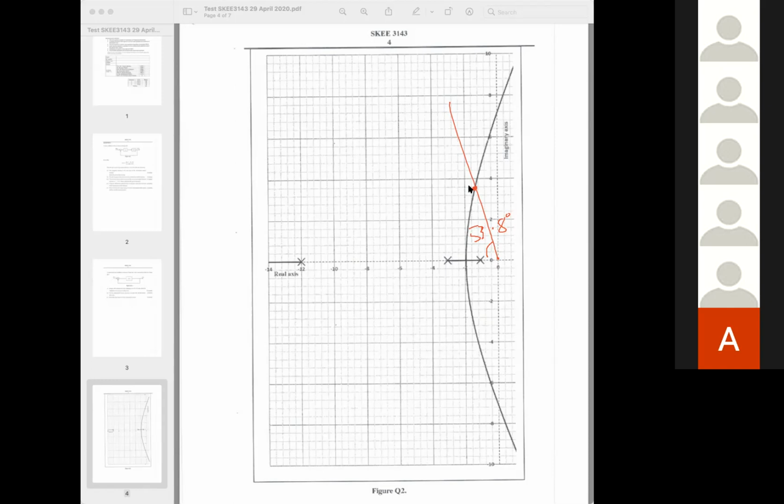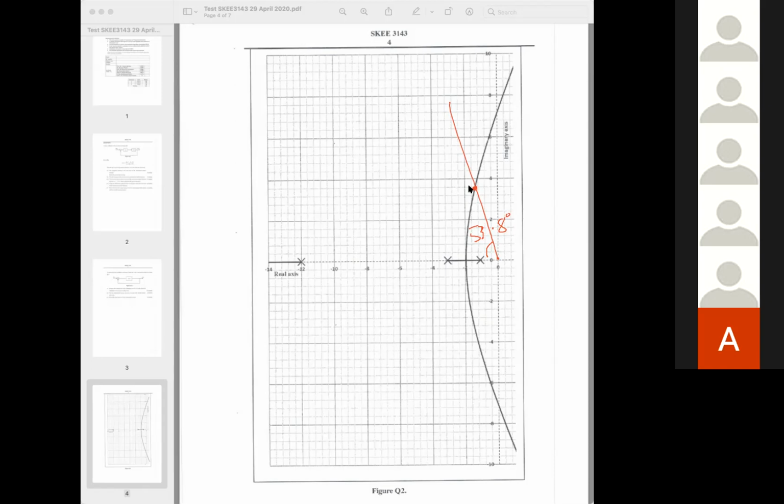Okay, so what is the crossing point there? What is the crossing point? SD. Anybody? Using your pen, iPad, Neuma?